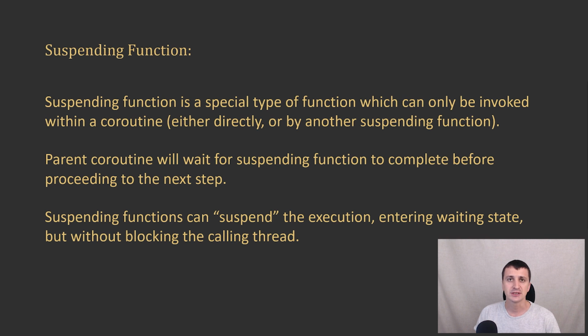And suspending functions, that's another important property of coroutines, can suspend the execution, entering a waiting state, but without blocking the calling thread. What it means is that you can execute something like the delay suspending function on the main thread, delaying the execution by, let's say, 1 second, as I did in the demonstration, but the main thread is not blocked, and whenever that suspending function suspends, the main thread can go and execute other tasks.